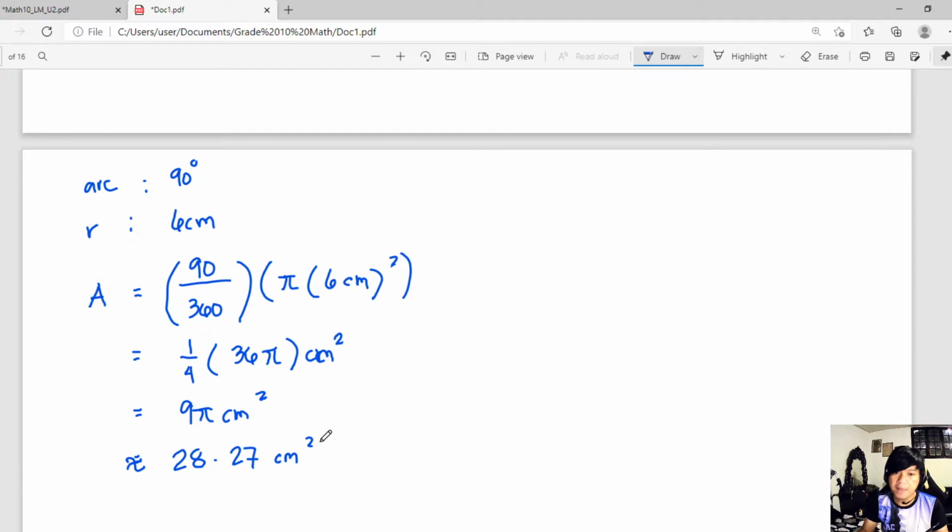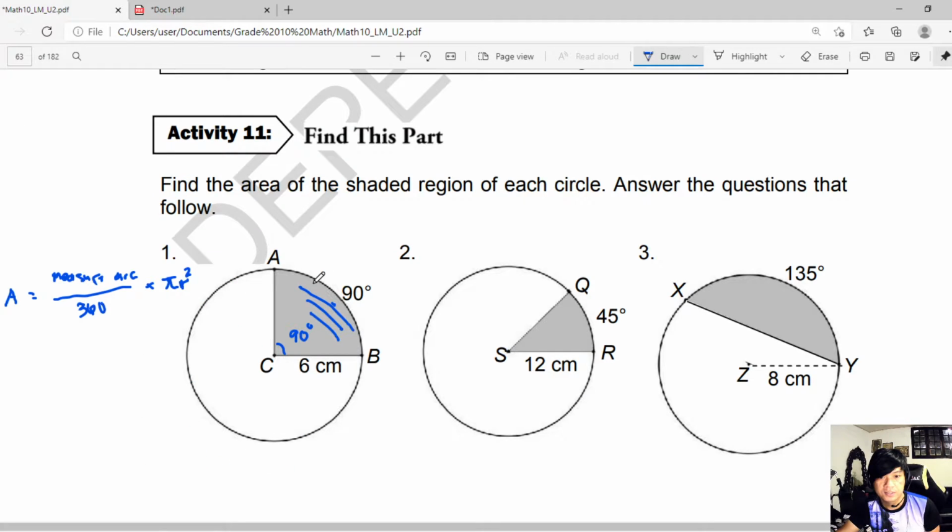So the answer here is 9 pi centimeter squared or 28.27 centimeter squared.